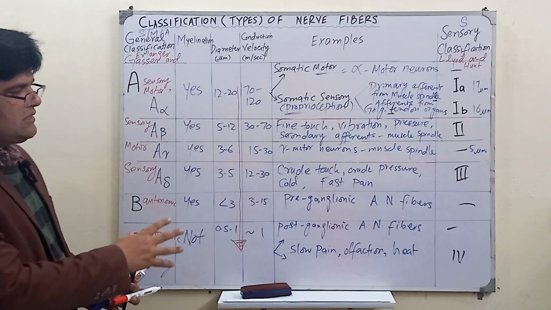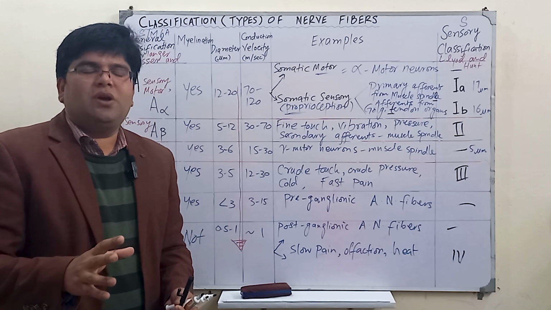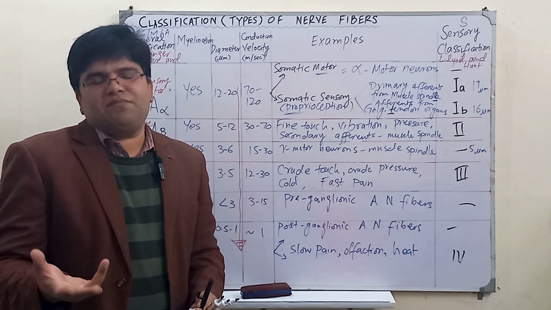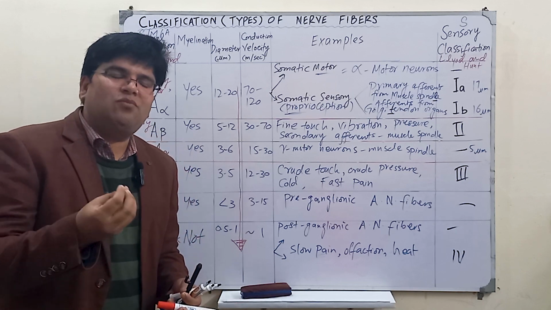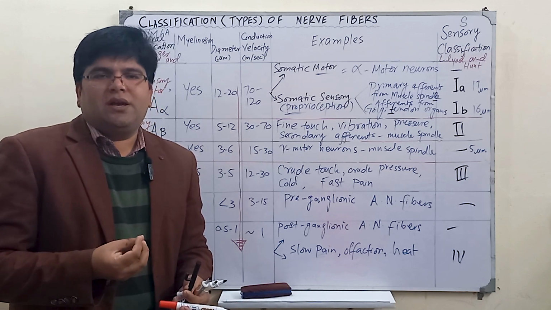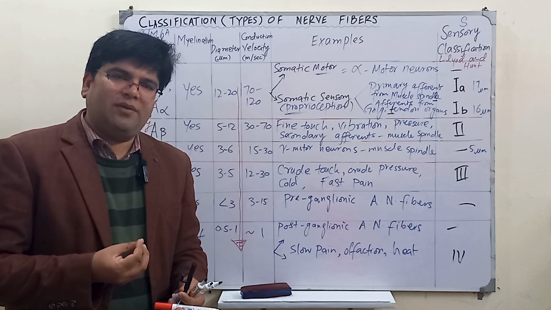Now in this diagram, I have given you a quick summary of all these types of nerve fibers, their examples, their functions, and some easy mnemonics by which you can memorize all these types of nerve fibers.